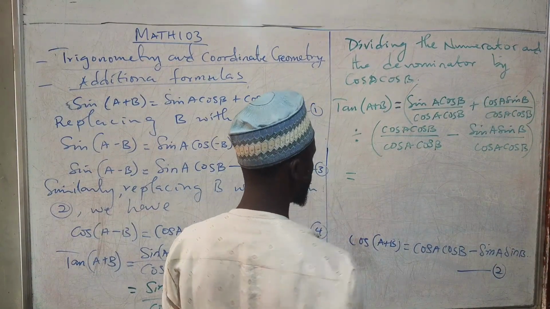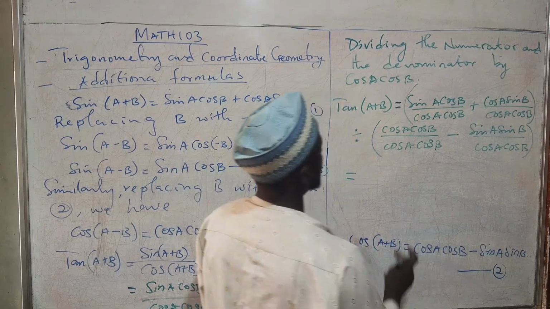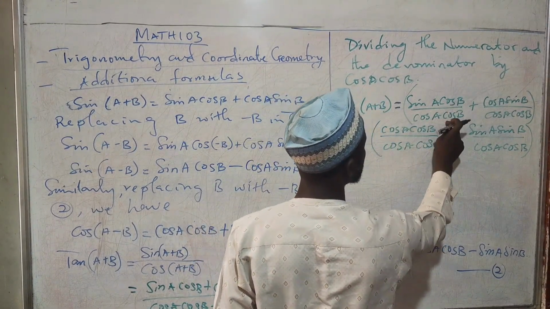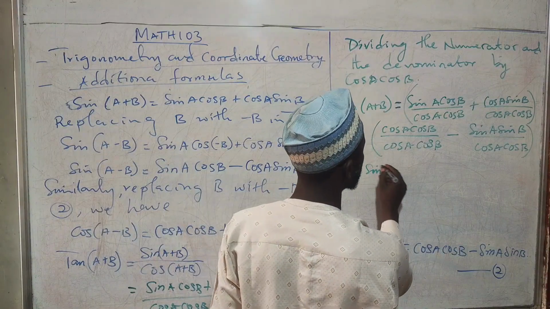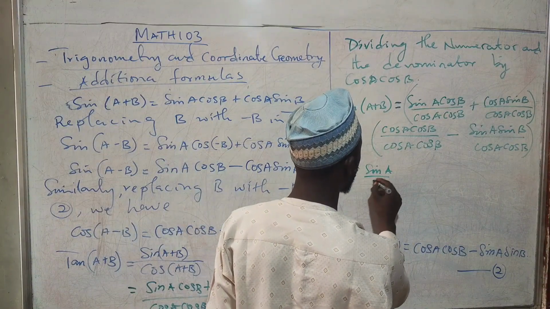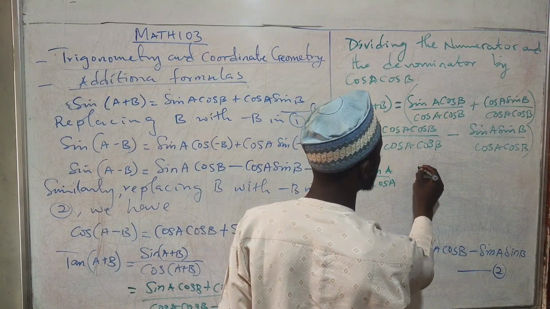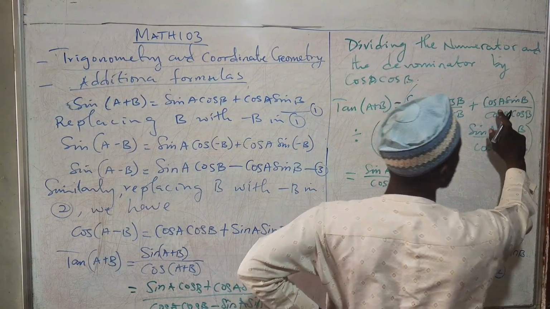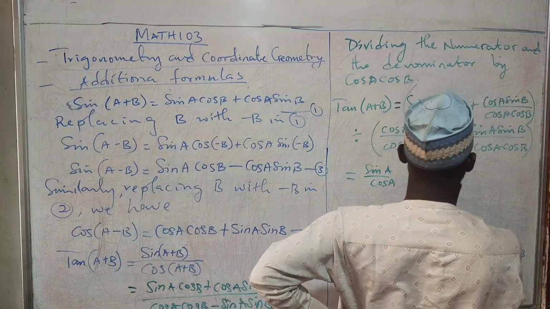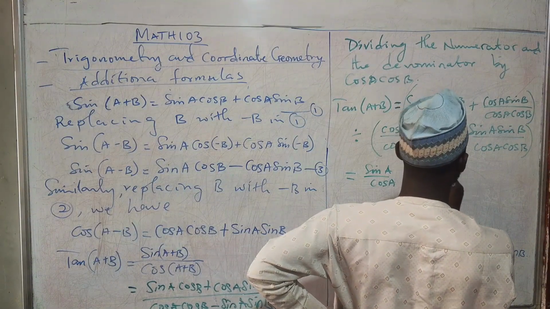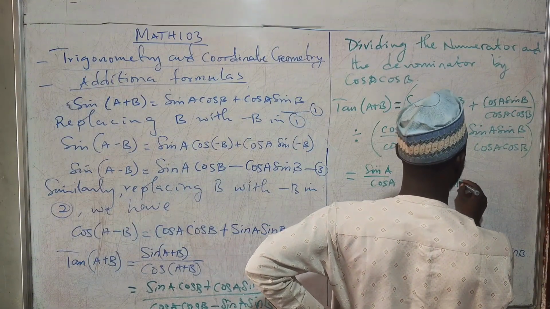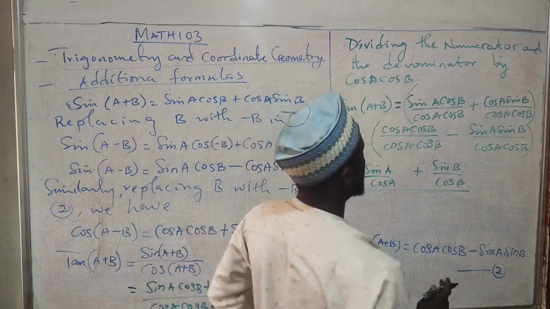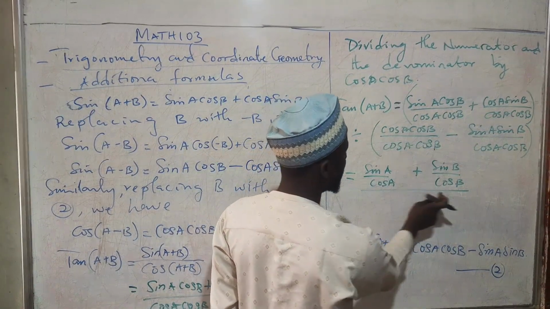So this is equal to, cos A cos B will cancel, what you have is sine A over cos A plus, cos A will cancel cos A, so you have sine B over cos B, all over, so this division line is now this.